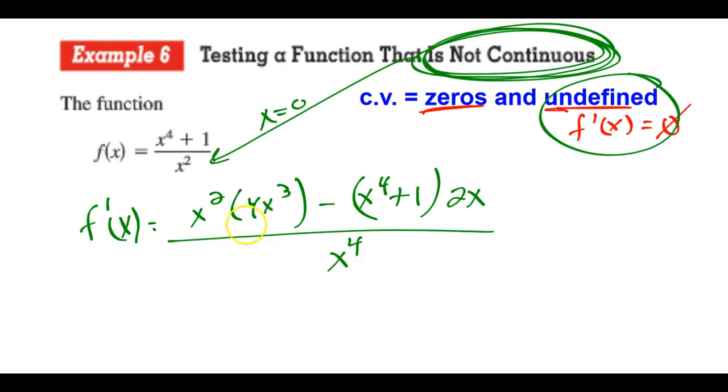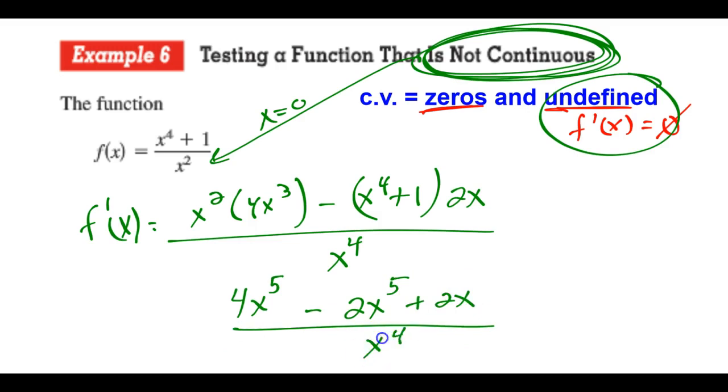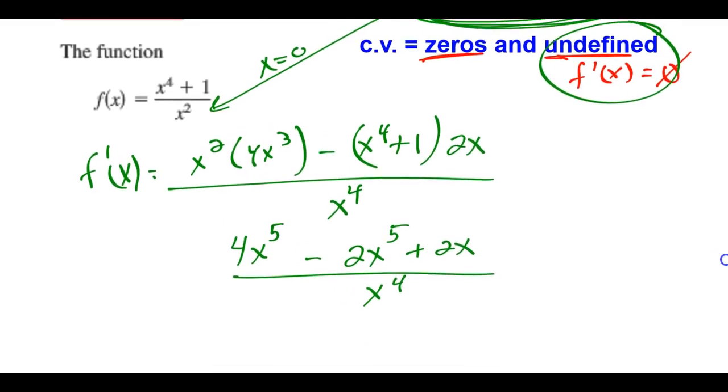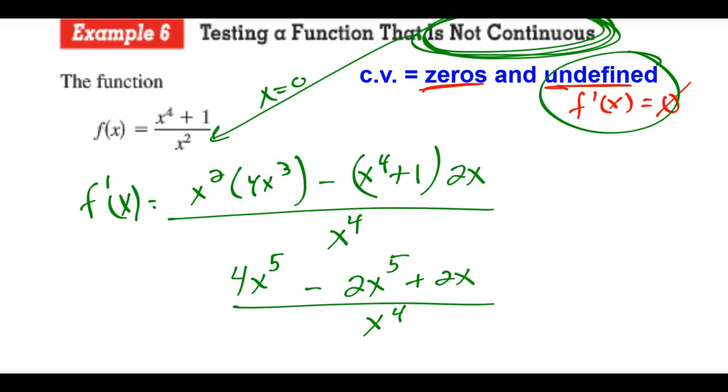So this is what? 4x to the 5th, because you rewrite the base and add the exponents, minus 2x to the 5th plus 2x all over x to the 4th. And I almost just made a classic mistake.